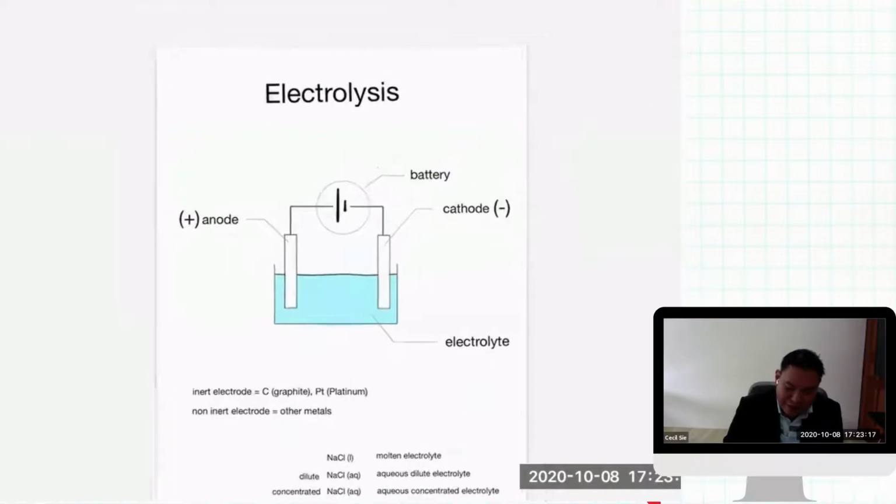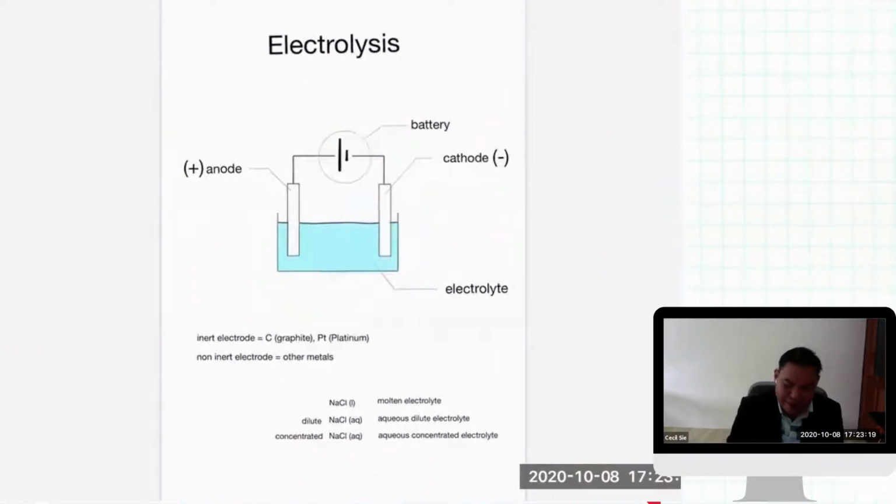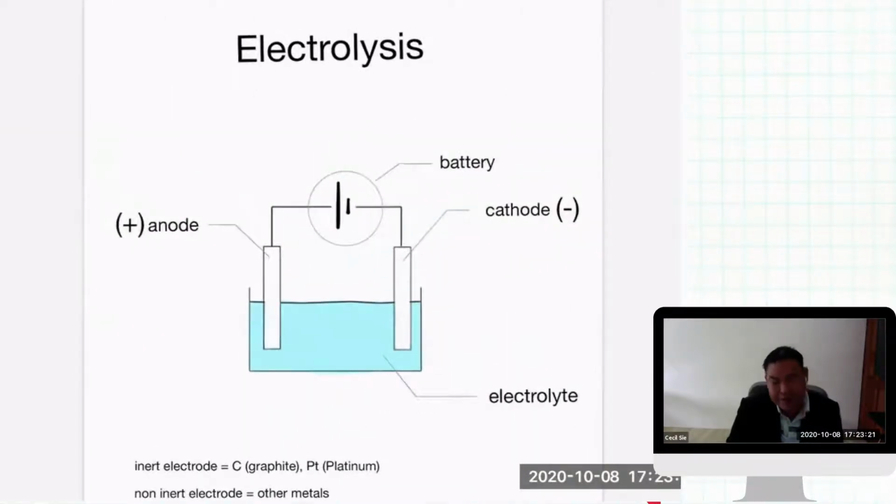Now I explain the basic of electrolysis. What is electrolysis? In simple term, we just say electrolysis is you have chemicals, you have solutions, but the solution doesn't react by itself. In chemistry, we call it a reaction that is not spontaneous, right?